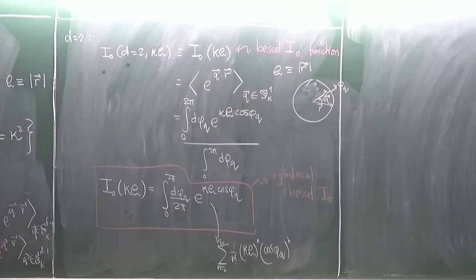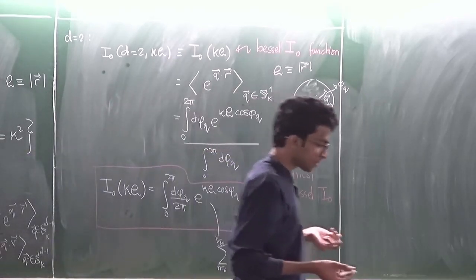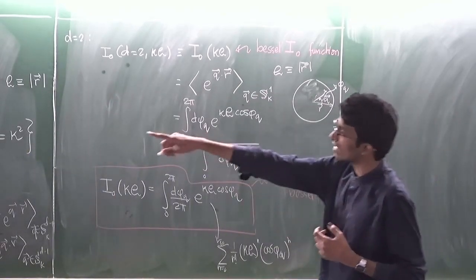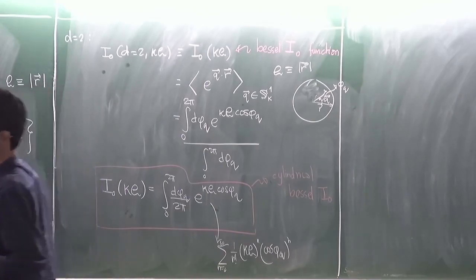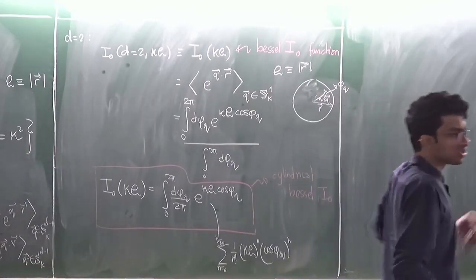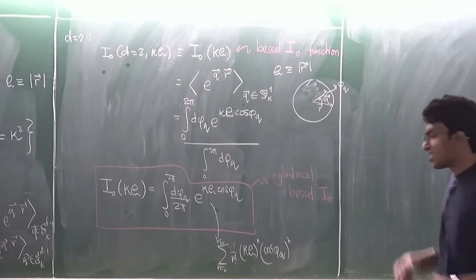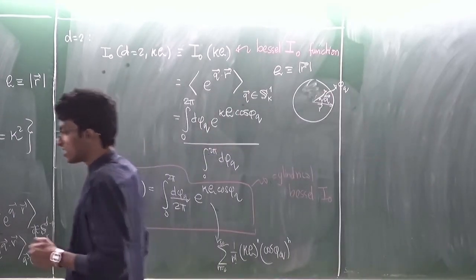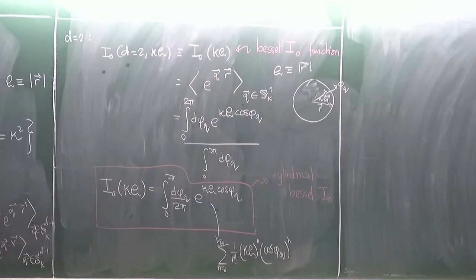Moreover, another thing that you must notice is that while writing a power series expansion, say you are solving the 1D problem d squared by dx squared of psi equal to kappa squared psi. You didn't know about the exponential functions, and you start doing power series expansion. You will of course get the power series of the exponential.